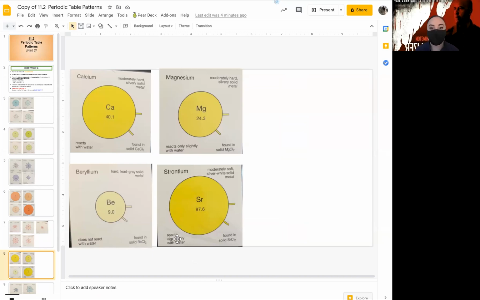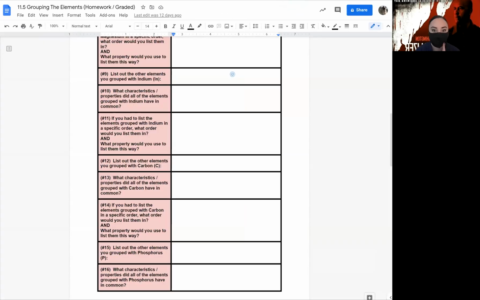This reacts vigorously, so it would explode in water. This kind of reacts with water, barely reacts with water. This one doesn't react with water. So even though they have the same number of sticks, even though they're all metals, there must be something else here that's determining their reactivity, okay? And so that's what we're working towards.